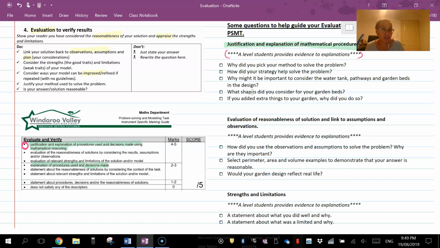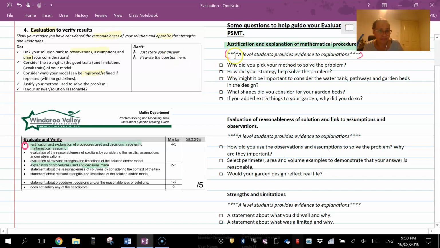So don't feel like you have to answer every one of those questions to get an A. We're looking for explanation of procedures, so any procedure, more than one, using mathematical reasoning. So you only have to explain, say, 2 procedures. And that's pretty simple because it's your whole process anyway. Design, calculate. There's 2 procedures.